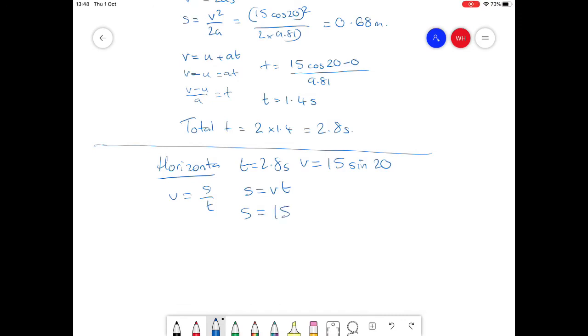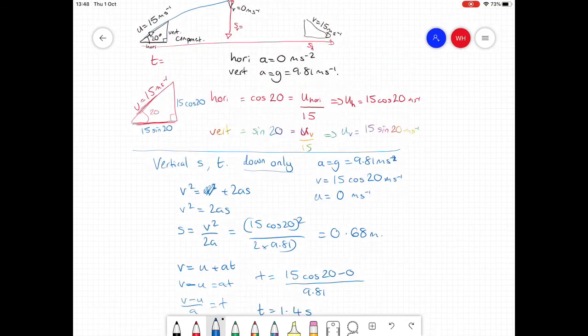So S is 15 sine 20 times 2.8. I get 14.4 meters is the horizontal movement.